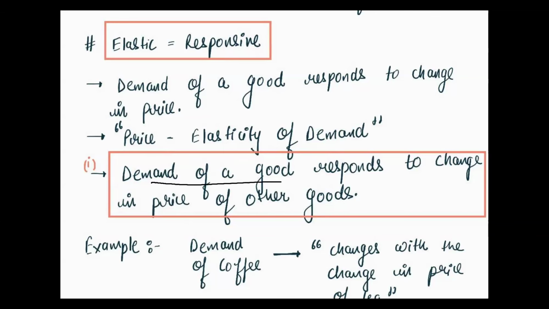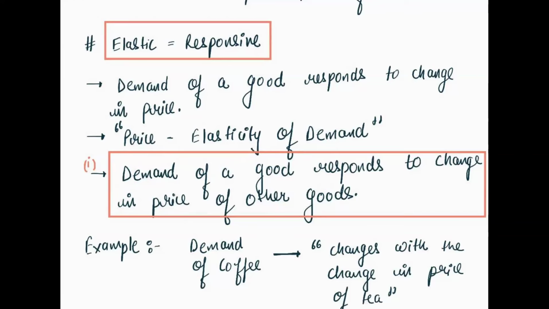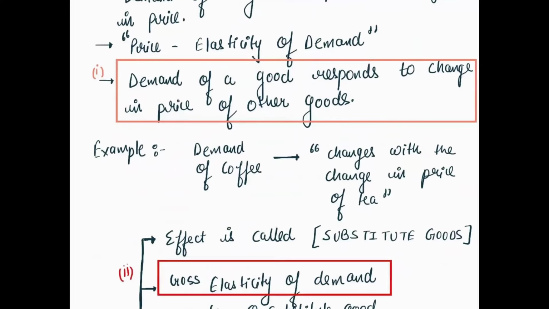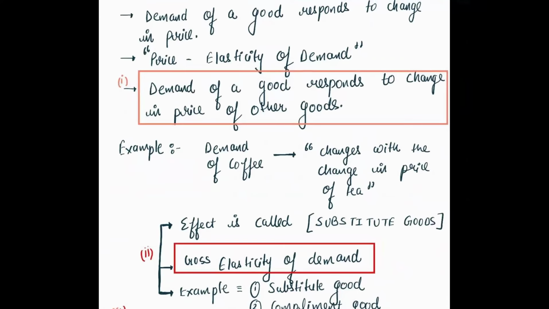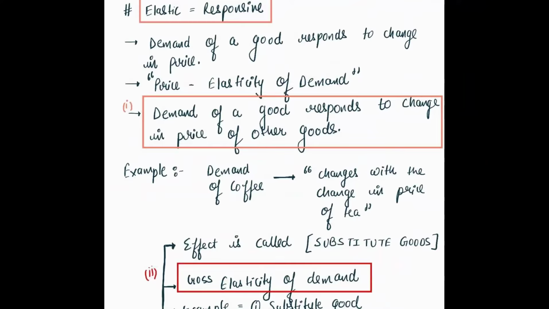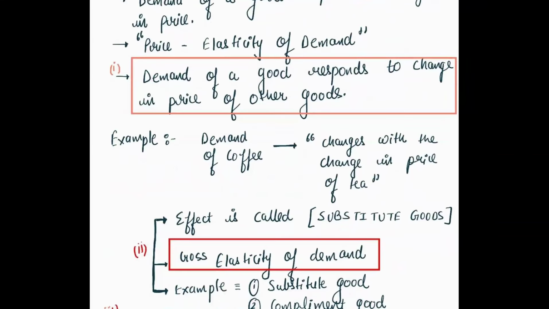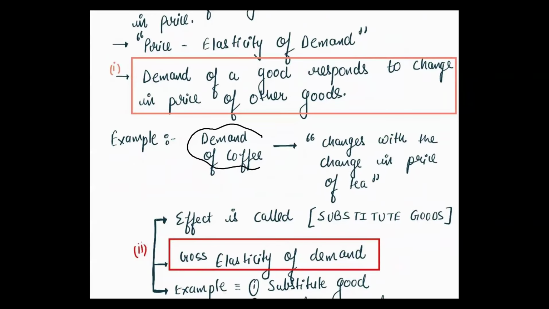Now, demand of a good responds to the change in price of other goods also. So we have seen price elasticity of demand, but we also know that the demand for a good changes with other goods, like substitute goods, for example, and complement goods. Demand for a good responds to the change in price of other goods also. For example, demand of coffee changes with the change in price of tea also.